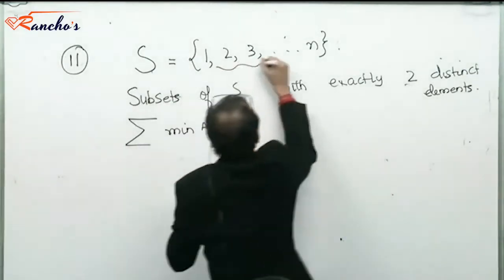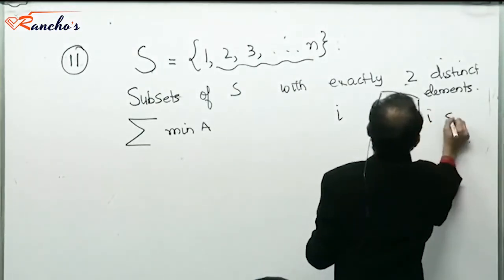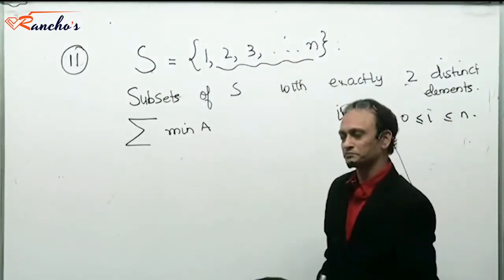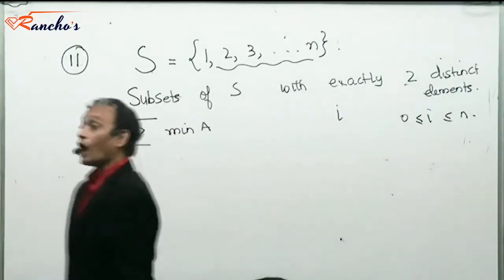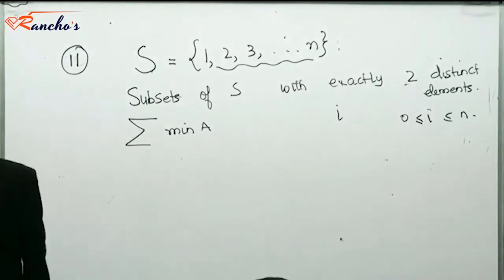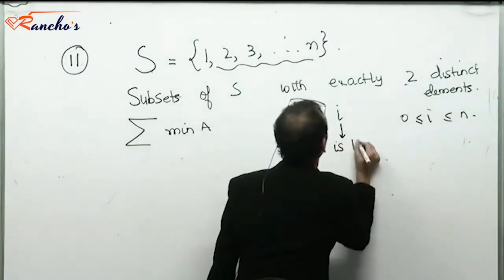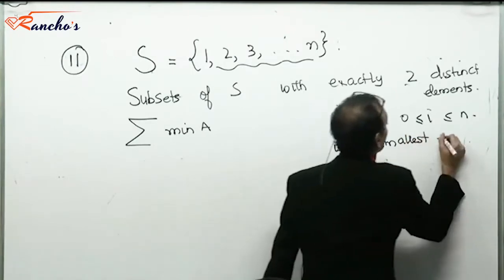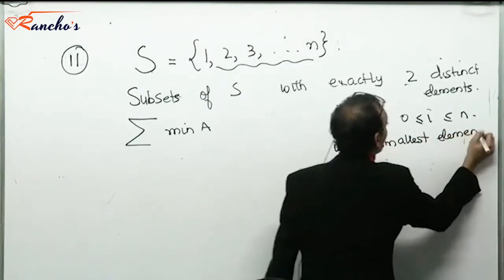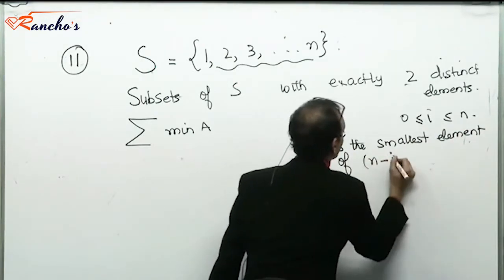Say there is a member i here, and i can obviously be 0 to n. I maintain that i is the smallest element of n minus i subsets.